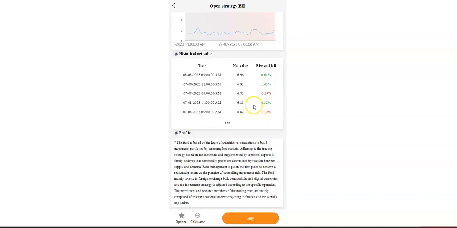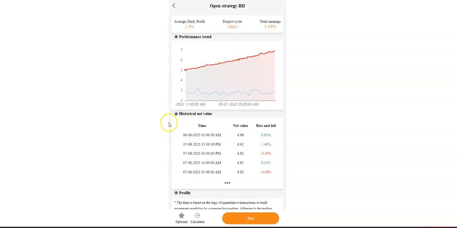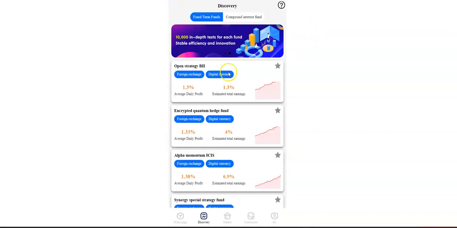After 1 day, you will receive the funds that you invested plus the 1.3%. Down here we've got subscription details. The minimum investment is 10 bucks, estimated income 1.3%, project period 24 hours, and fund type is combined. You've also got the transaction fee, management fee, and all that. So that's for 24 hours.